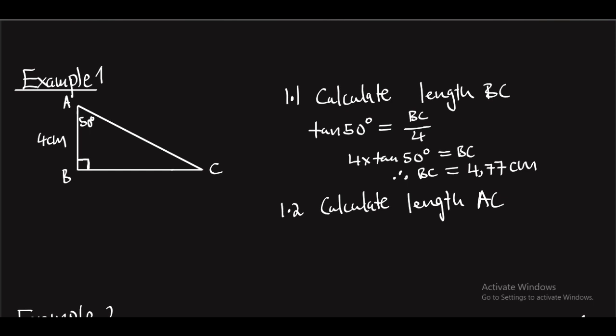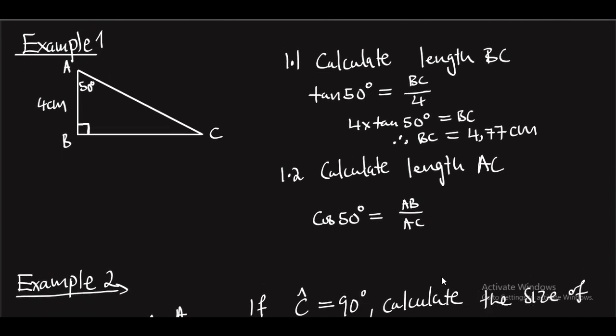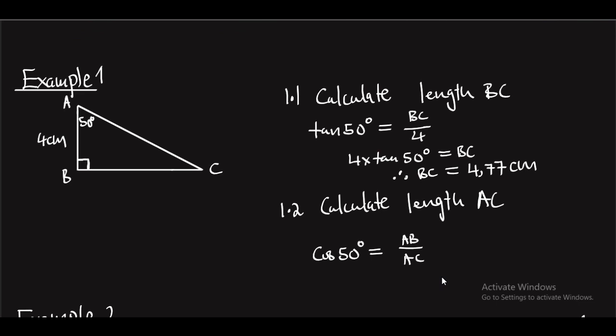So I can say cos of 50 degrees equals adjacent, which is AB, divided by hypotenuse, which is AC. So now remember, I want what? I want AC. Because I want AC, here's a trick. So here I need to cross multiply. So if I want to cross multiply, what am I going to do?